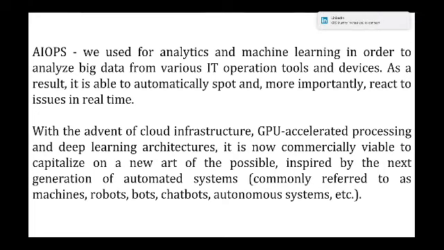The other thing we are talking about is how we use analytics and machine learning to analyze the heterogeneous data coming from diversified sources to spot, and more importantly react to, issues in real time. How do we achieve this?